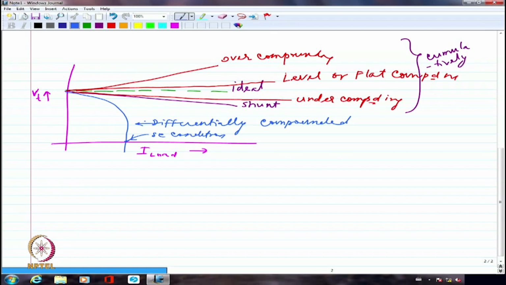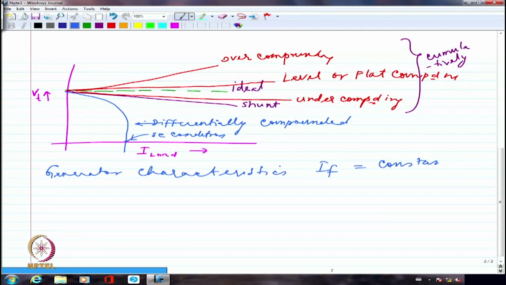So generator characteristics are generally drawn with the field excitation, that is the main field excitation, kept as a constant. We tend not to vary the I_F shunt. Generally we try to keep this as a constant. Also omega of the prime mover, we try to keep it as a constant.